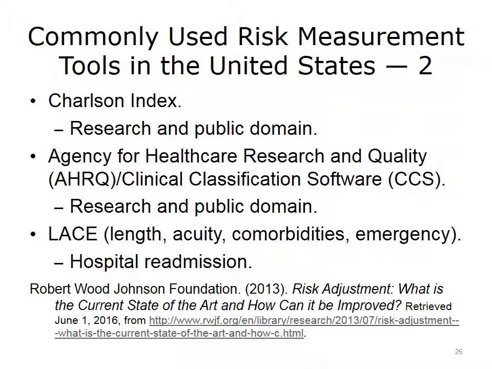The methods we highlight are some of the most commonly used tools, but there are other methodologies used both in the financial risk adjustment domain and also the population-based case finding domain. You can learn more about each of the tools we highlight, as well as others, with a simple online search. At the bottom of the slide, we offer a reference of an analysis supported by the Robert Wood Johnson Foundation that compares and contrasts various methods and the challenges they and the field face.